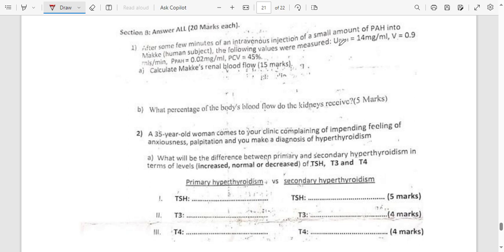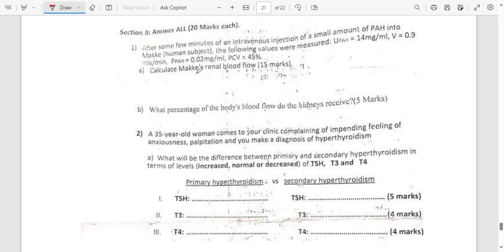The concentration of PAH in blood was found to be 14 milligrams per mil, and then V, which is the flow rate of the blood, and then you've also been given the concentration of PAH in plasma.